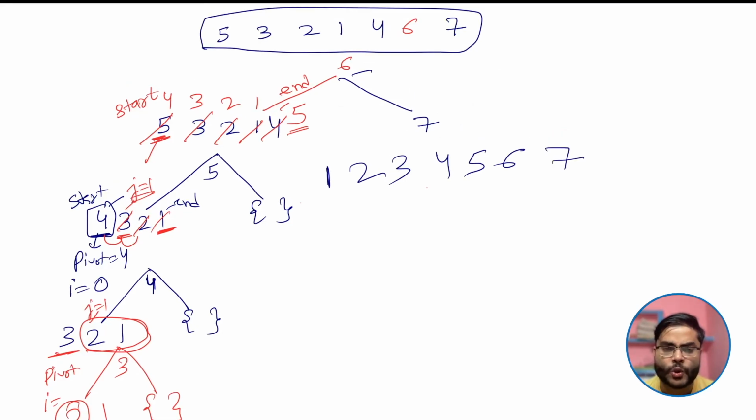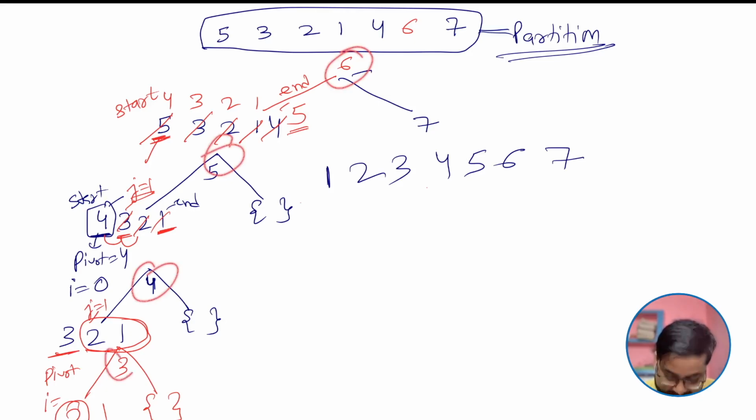So this is nothing but our partition algorithm. Let's name it the partition algorithm. If we observe carefully what we are doing, every time we are putting one element at the correct position.